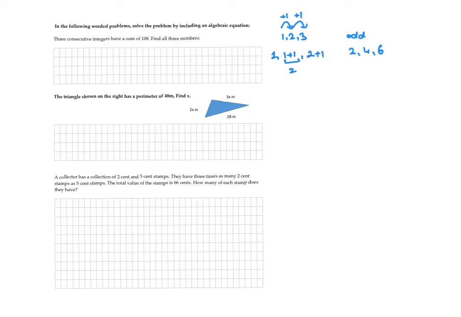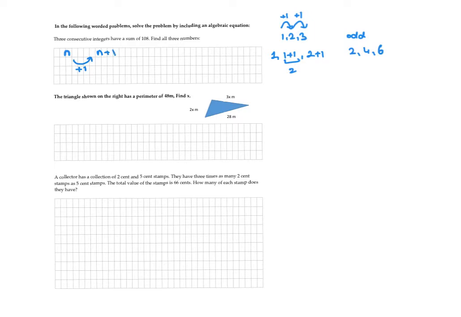Because we don't know those numbers, we're going to use unknown variables: x, y, z, whatever you want. Because we're talking about numbers, let's use n. So the first number is n. The next consecutive one has to be one more, so it's n plus 1.